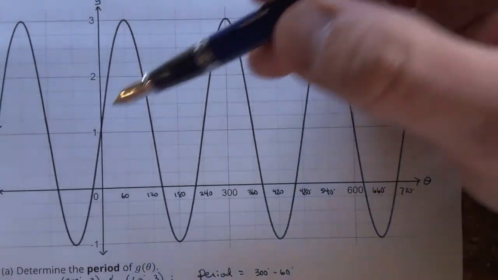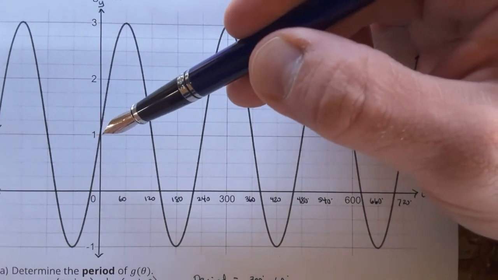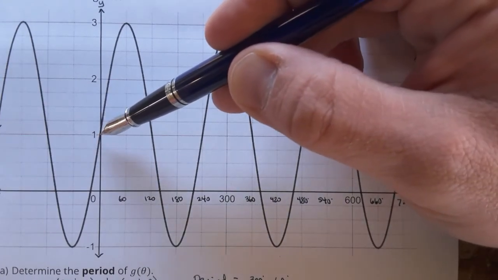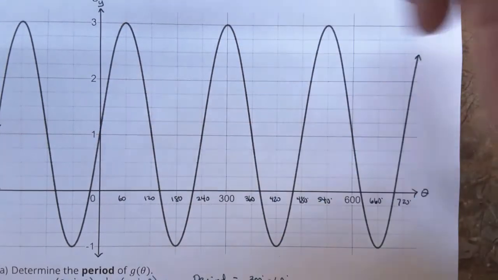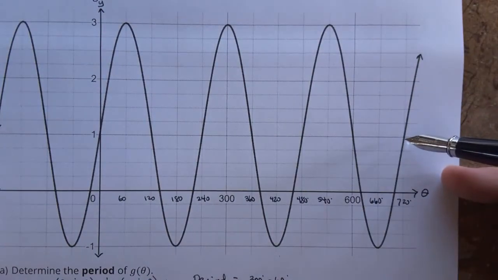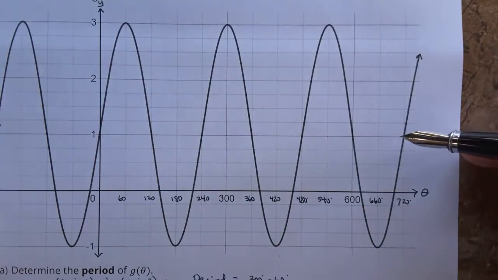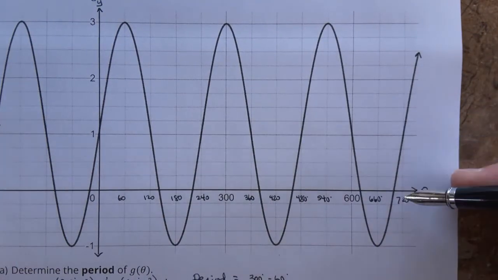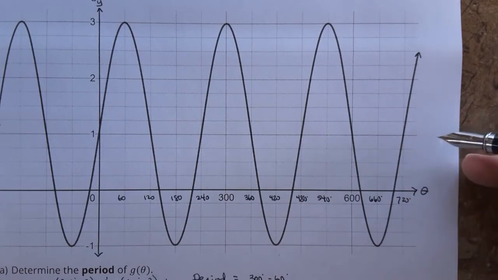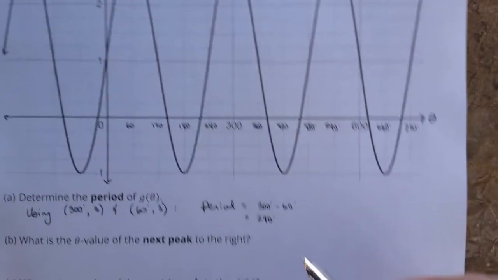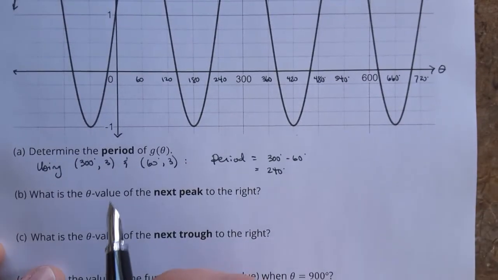Now, the peaks happen, let's look at our first cycle, 0, and then 60 after that is our first peak. We have this point here that matches this point. So we should be 60 degrees after this point to reach our peak. From 720, 60 more would be 780. So I can just write that down right here.